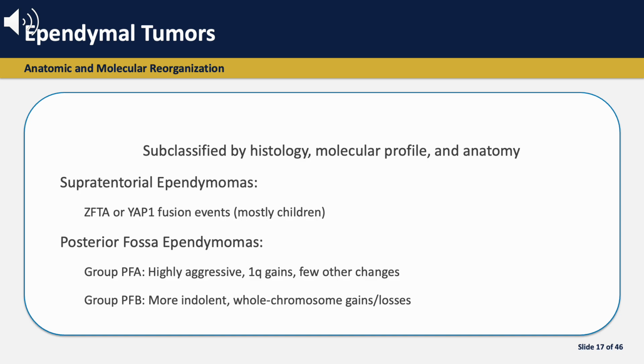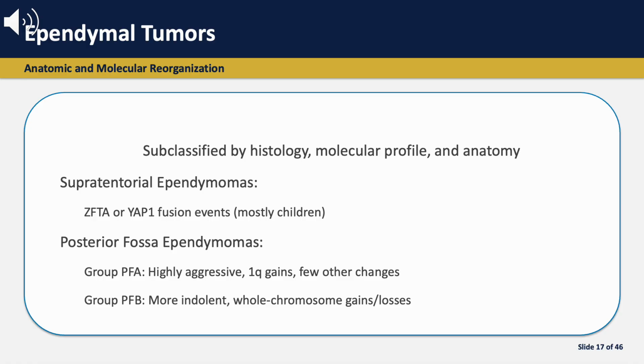Ependymal tumors have undergone extensive reorganization in recent years and are now subclassified on a combination of histologic, molecular, and anatomic characteristics. Within the supratentorial compartment, recurrent fusion events in ZFTA or YAP1 identify two new subgroups, which largely occur in children and show distinct outcomes.